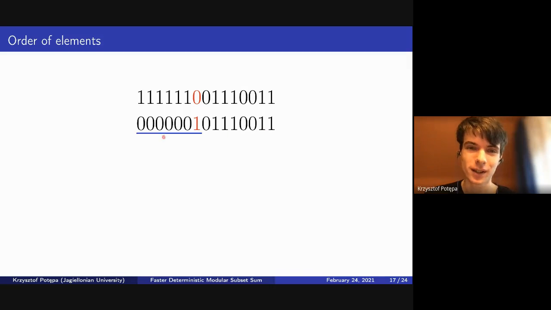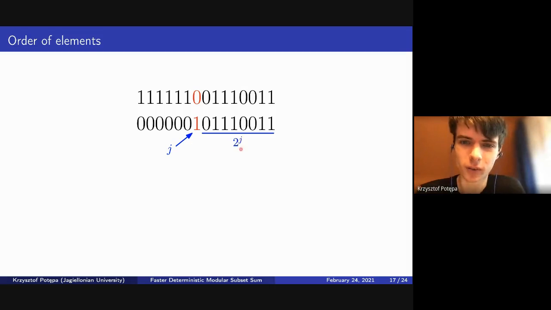So, okay. If this is the lowest changed bit, then this whole prefix is fixed. So the number of shifts for which this is the lowest bit that changed depends on the number of combinations with which we can fill this suffix. So if this is position j, then we have 2 to the power of j options here.